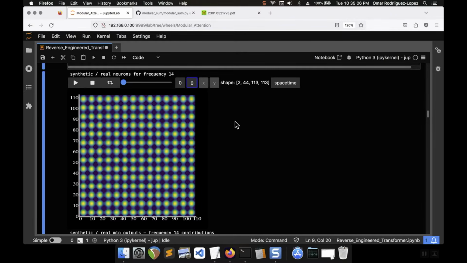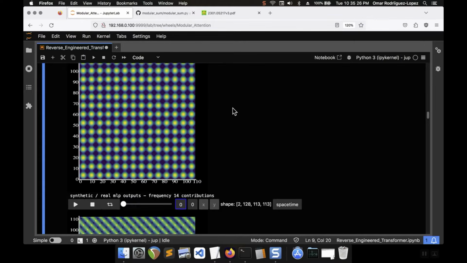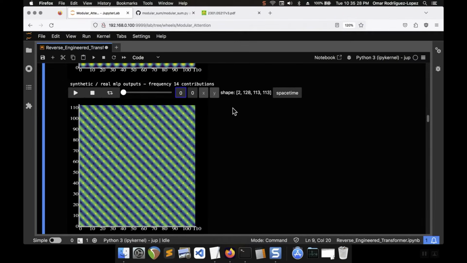But the higher the frequency, the more of a mess it is to see on the screen. This one's really nice because you can clearly see each cycle in the wave. So these are your neurons. You have this palette of phases from here to here. From that, we need to transform it with a set of weights into this, the MLP out.